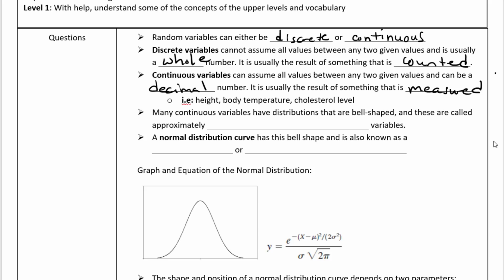Many continuous variables have distributions that are bell-shaped, and these are called approximately normally distributed variables. A normal distribution curve has this bell shape, and we have a couple of different names for it.